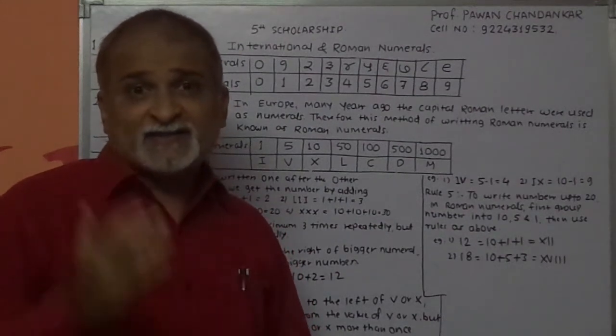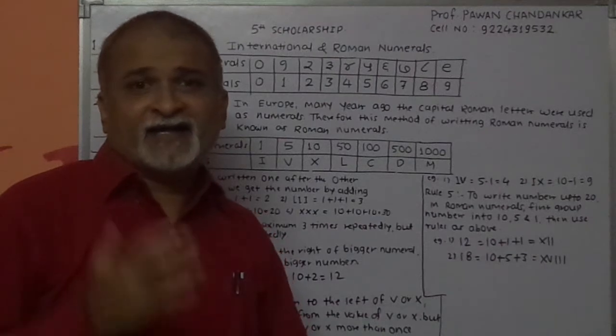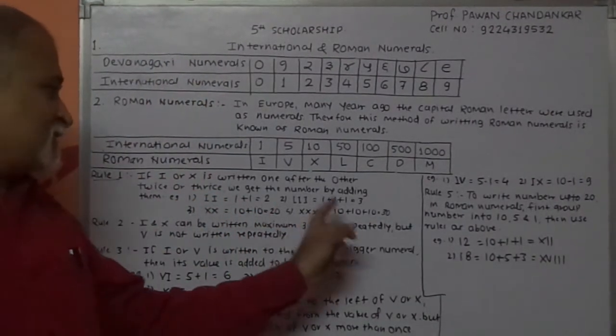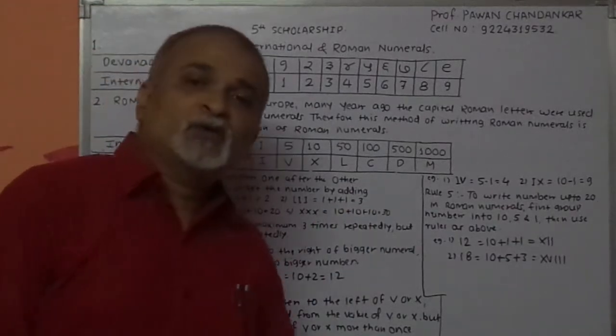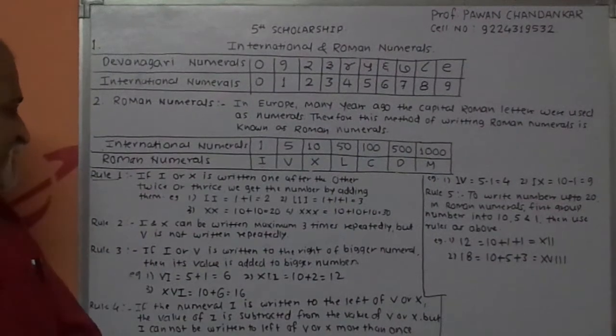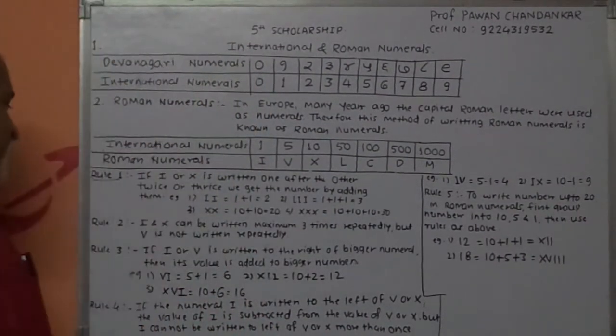If I write X 3 times, one after the other, it indicates that I am supposed to add 10 three times. That is 10 plus 10 plus 10 is equal to 30. This is what rule 1 states. Have you understood, students? Very good. Look at this. Rule number 2.